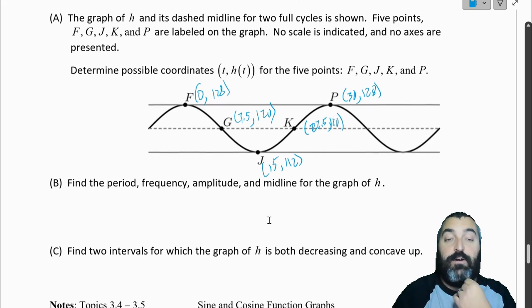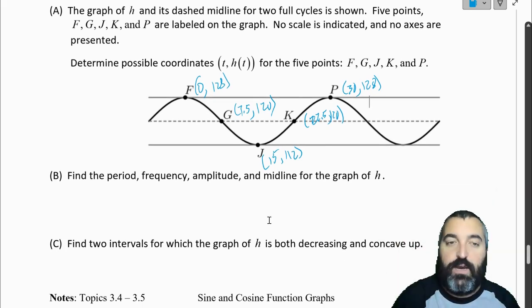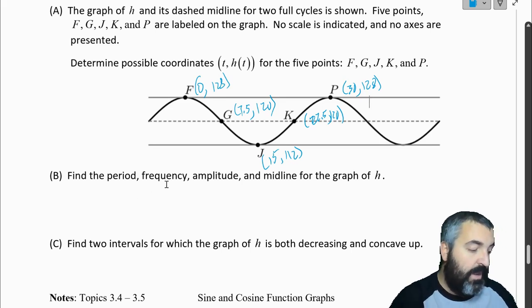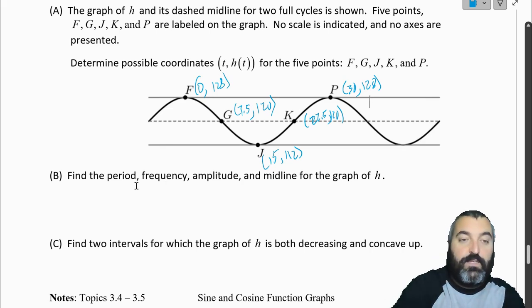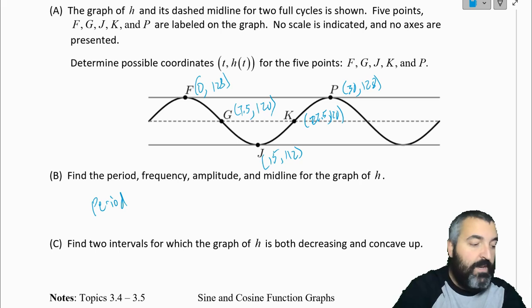There's all that. Now, previously, we didn't know the equations of this and all the information. Now we do. So what we're going to do is find each of these things. Technically, the period we could have found, or we knew what it was based on what they told us. The period is 30 minutes.